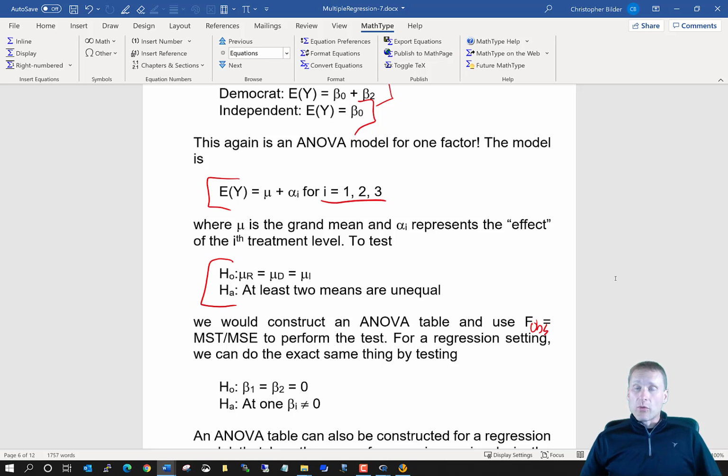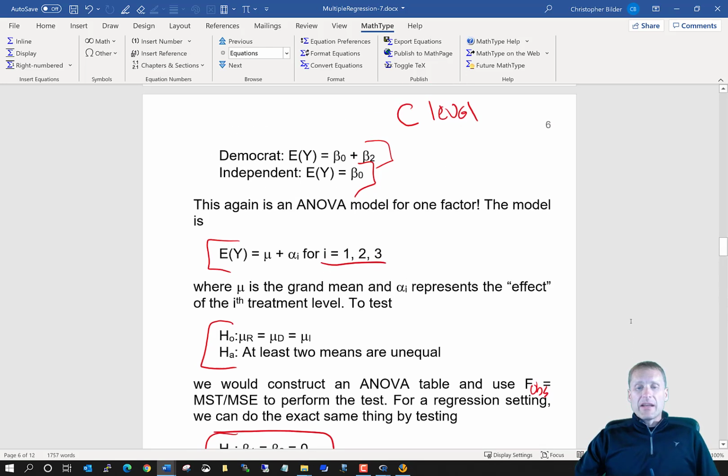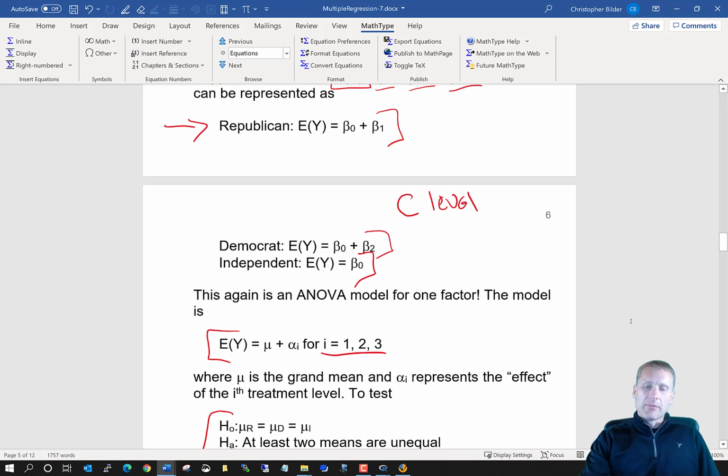Equivalently, in this regression representation of our model, all we need to do is a hypothesis test of beta 1 equal to beta 2 equal to 0. That would be equivalent. If we come back up here, here's beta 1, here's beta 2. Look what happens if that is 0.